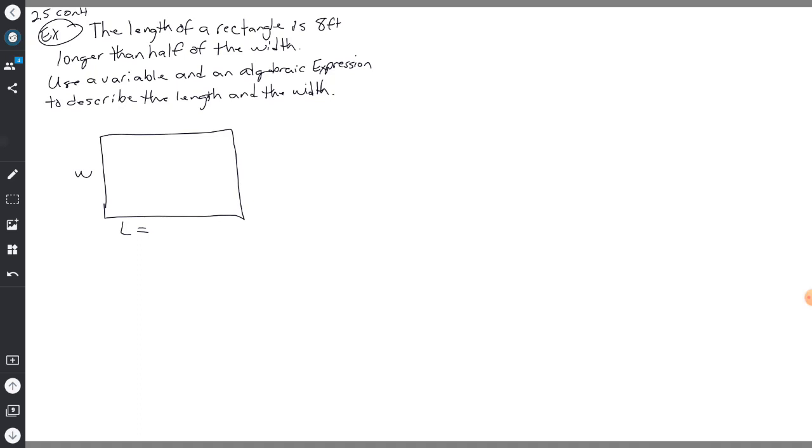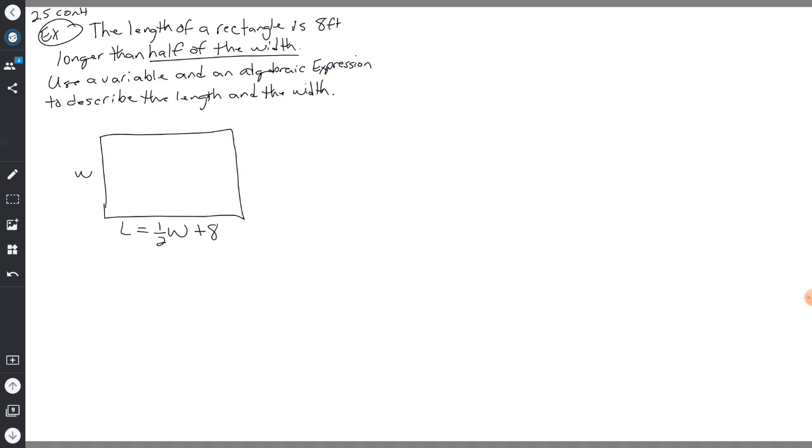Like a fraction, one over 2W. Okay, so we got that part. The length of a rectangle is 8 feet longer than half of the width. We already have this part. Plus 8, right.